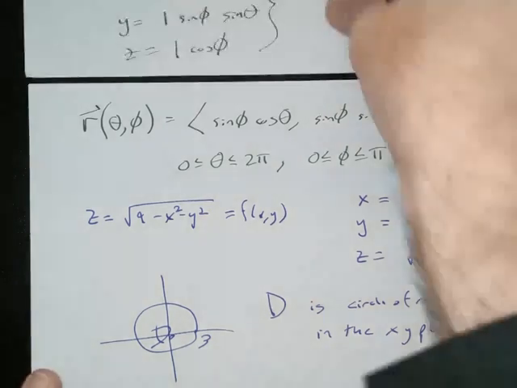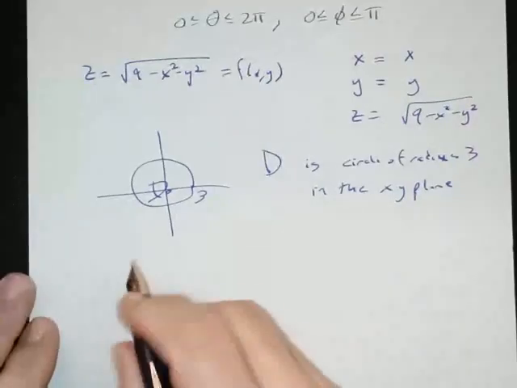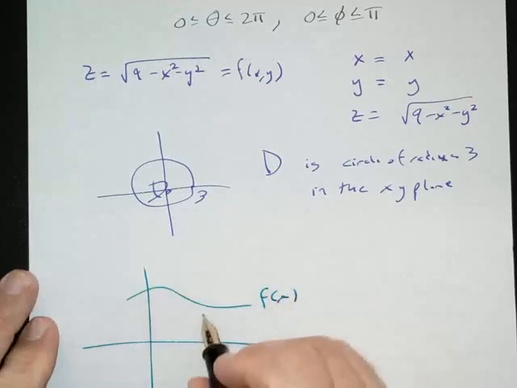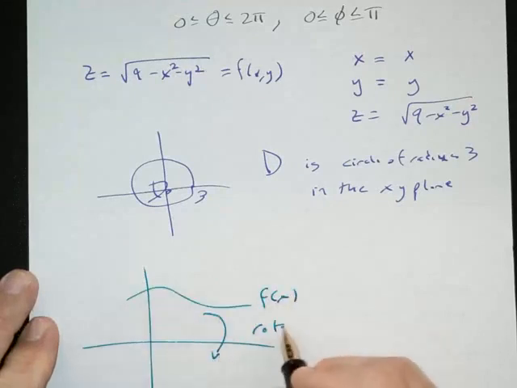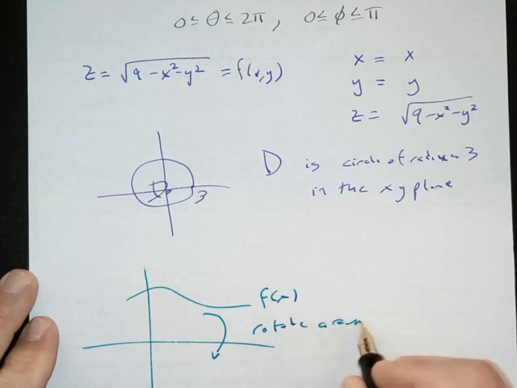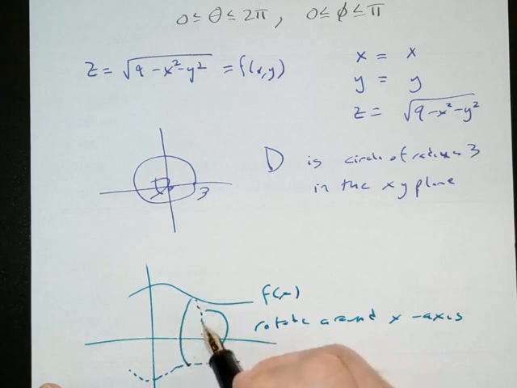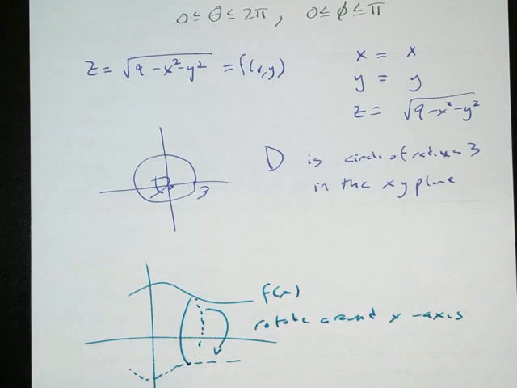If I rotate a curve, I would get another copy of this function down here, right? And I would have circles like that. I go around the x-axis, I make a circle.